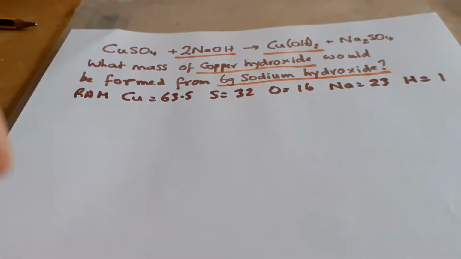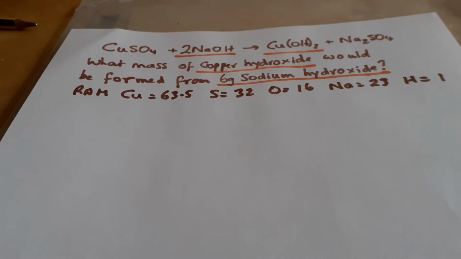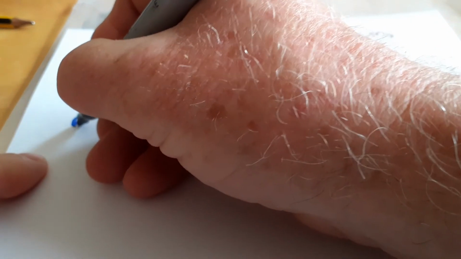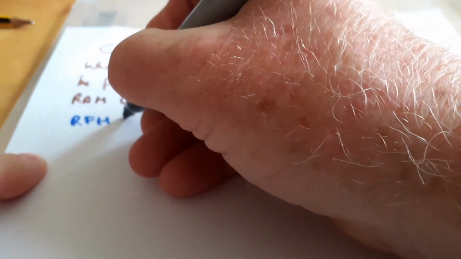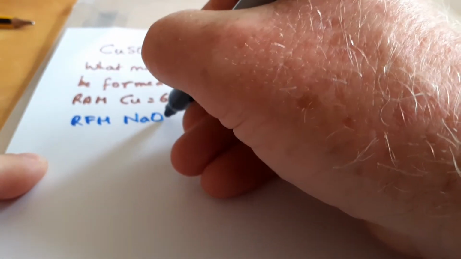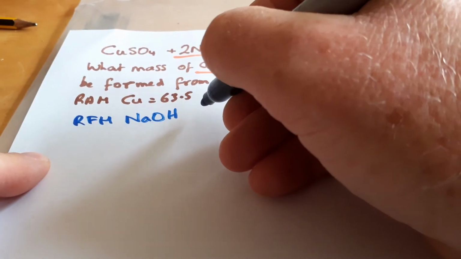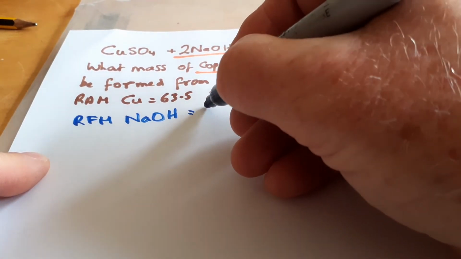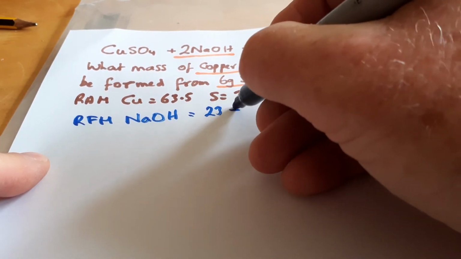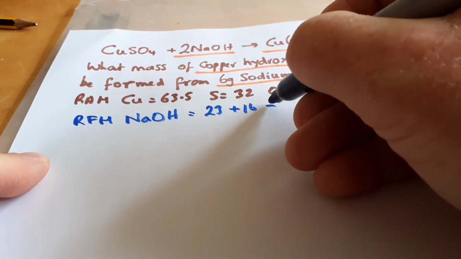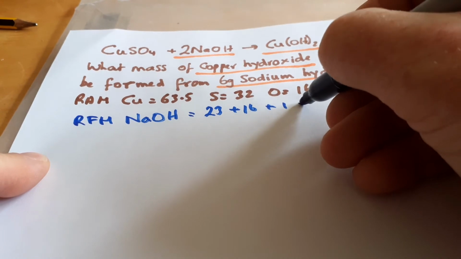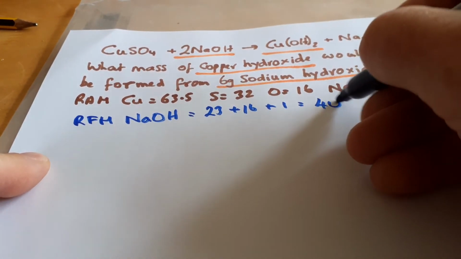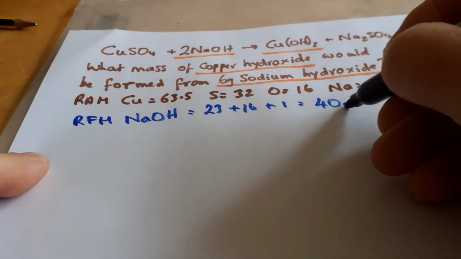There's our reactant. So, as before, work out the relative formula mass of sodium hydroxide. Notice I'm just using NaOH, not 2NaOH at this stage. So sodium is 23, oxygen is 16, and hydrogen is 1. When you add those together, that comes to 40 grams.